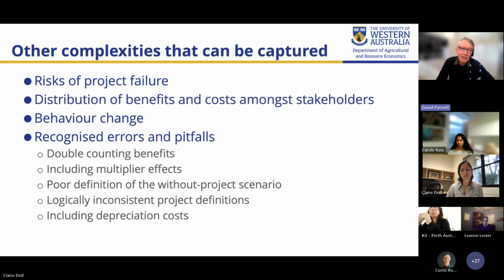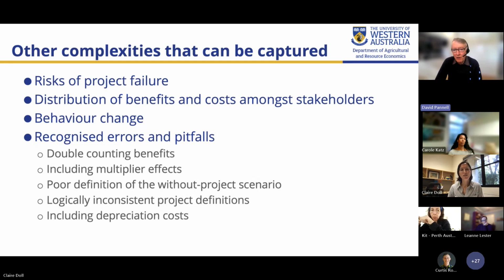And then there's a series of what I'm calling here errors and pitfalls, really difficult challenges or traps you can fall into if you're not well trained and you don't really know what you're doing. That includes things like, we don't want to double count benefits, which is something you sometimes do see.